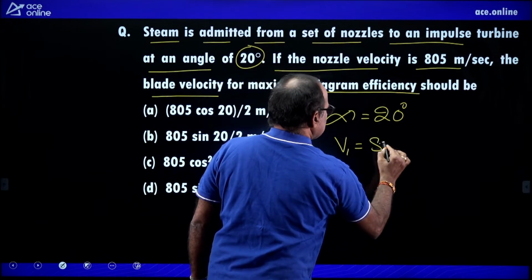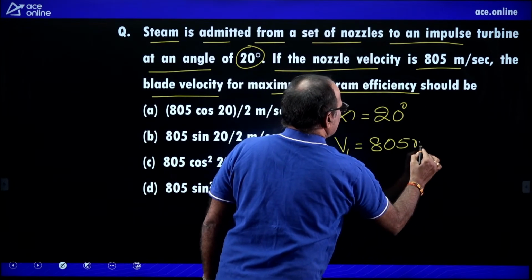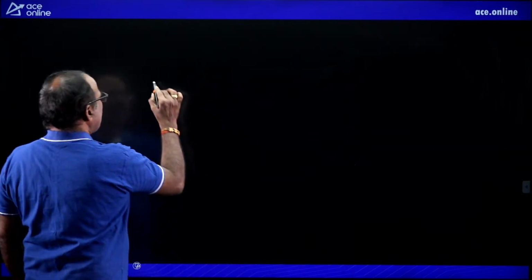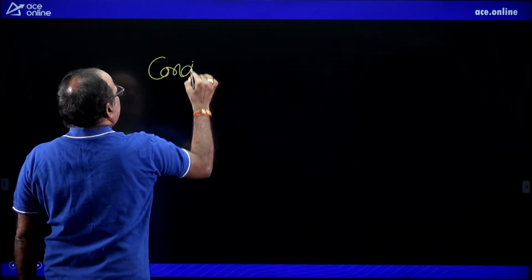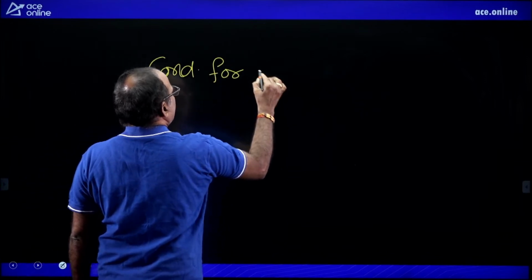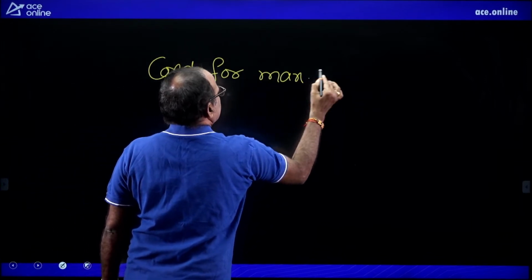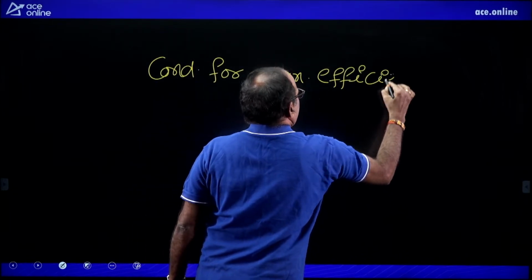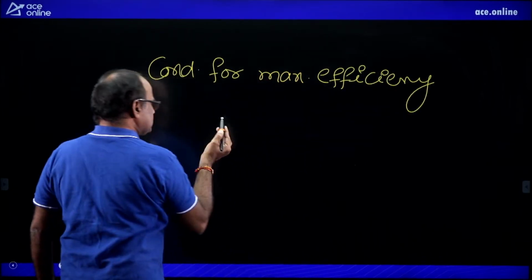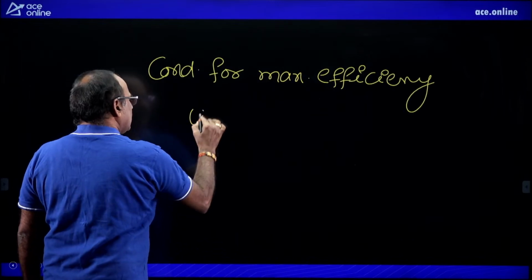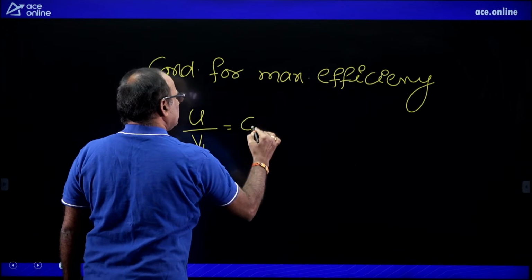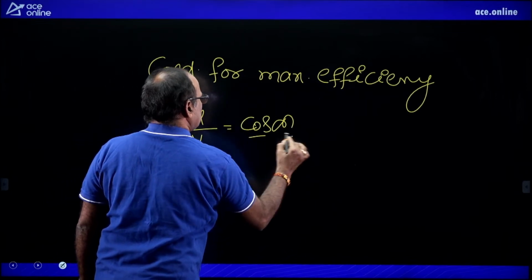Velocity of the steam is 805 meter per second. Right? Then what is the condition for maximum efficiency? Condition for maximum efficiency is U by V1, that is optimum blade speed ratio, is equal to cos alpha by 2.